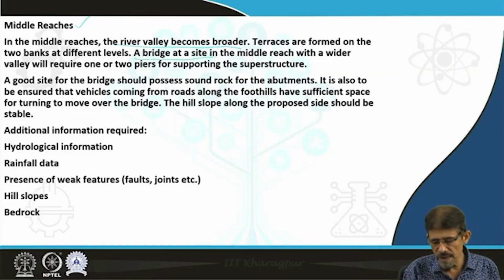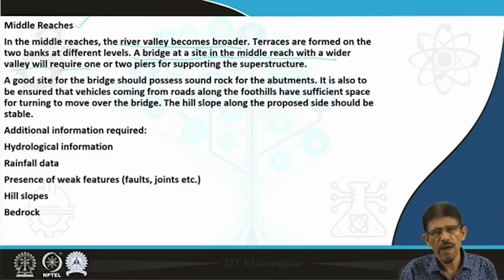So a bridge at a site in the middle reach with a wider valley will require one or more piers and abutments for supporting the superstructure, because the superstructure covering this wider zone is of heavy nature and requires more piers in addition to the abutments for supporting its weight along with the imposed loads.